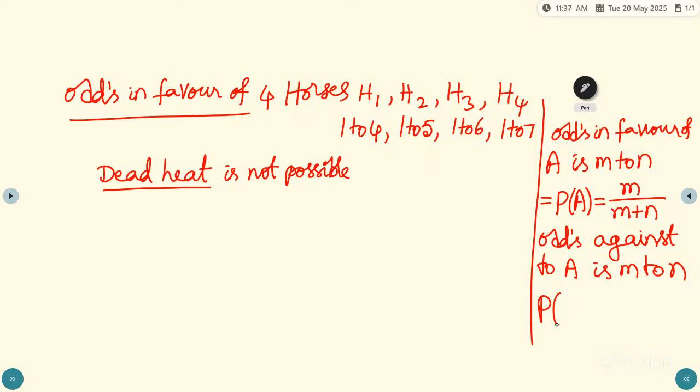You are supposed to write favor means A. Not happening is A complement. Against means A complement. M to N, same, M by M plus N. That's enough. For against we have A complement. For favor we have A. That's enough.